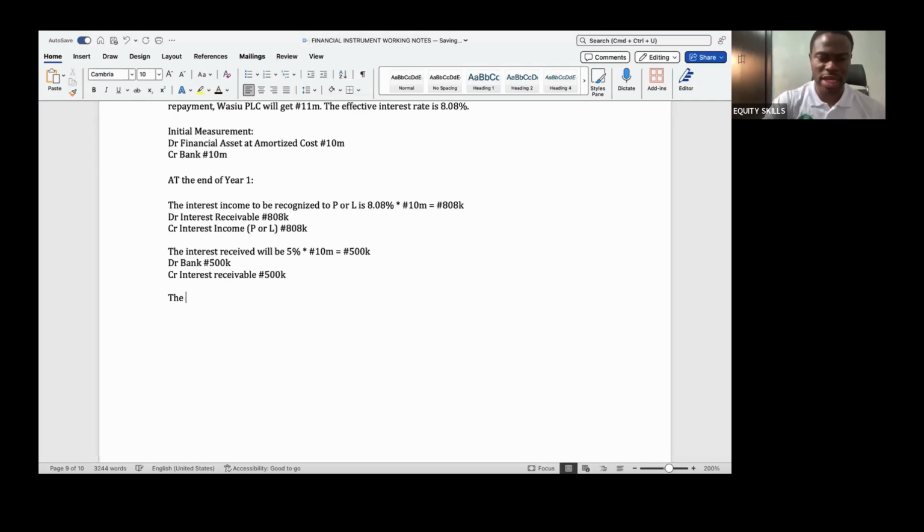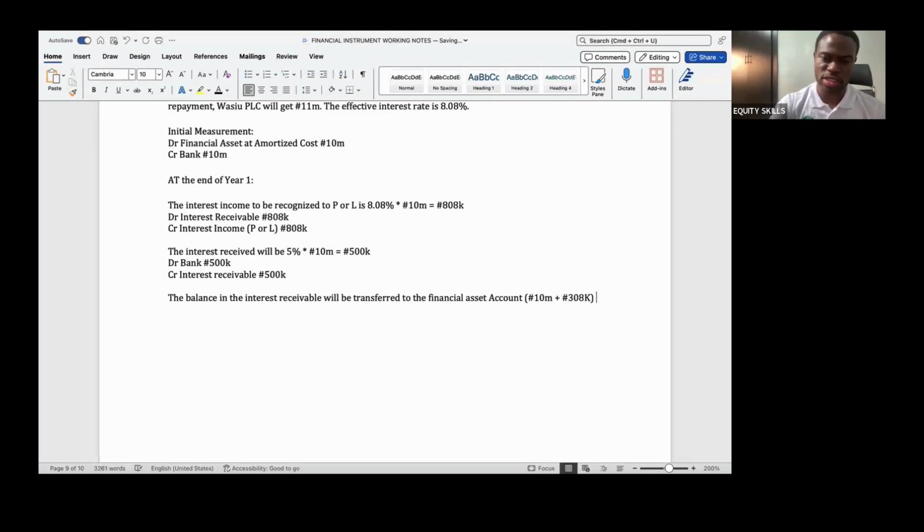The balance in the interest receivable will be transferred to the financial asset account. It's just better you transfer it there in such a way that your financial asset balance will now be 10 million plus 308.